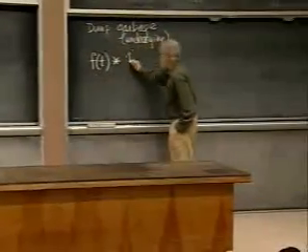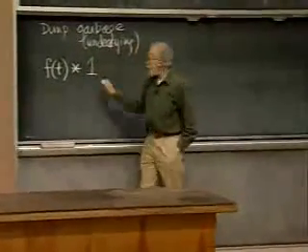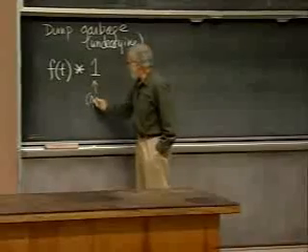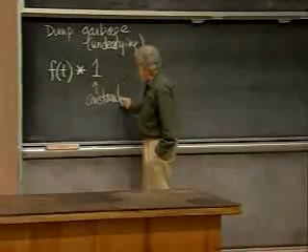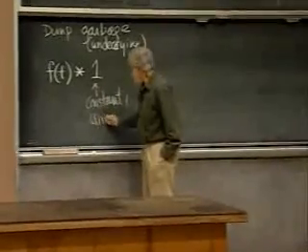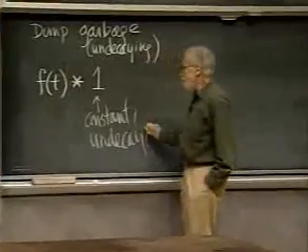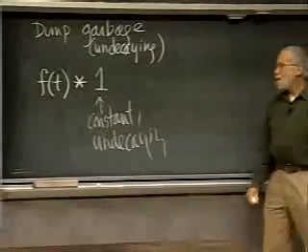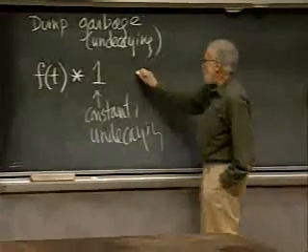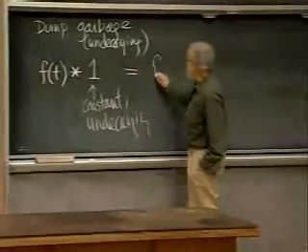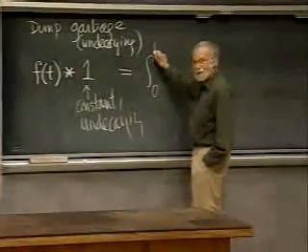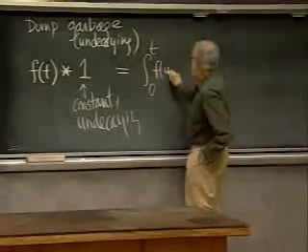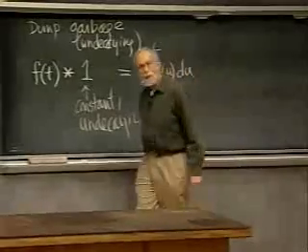So it's going to be the convolution of this 1, because this is constant. It's undecaying. By the identical reasoning. And so what's the answer going to be? It's going to be the integral from 0 to t of f of u du. Now, that's an 18.01 problem.